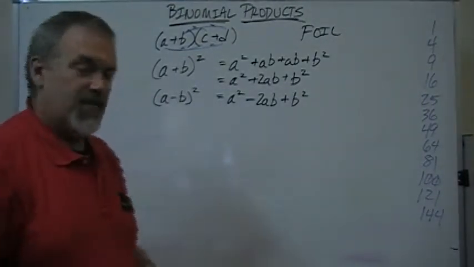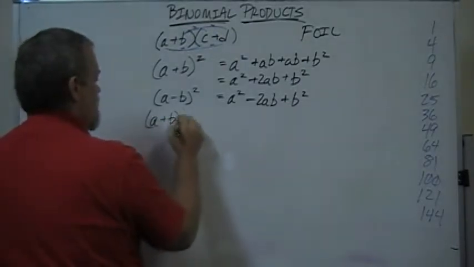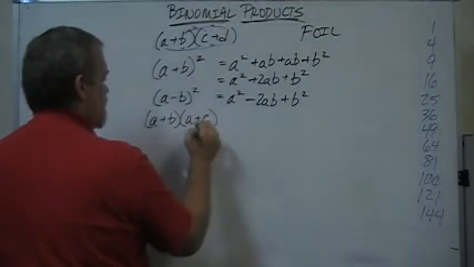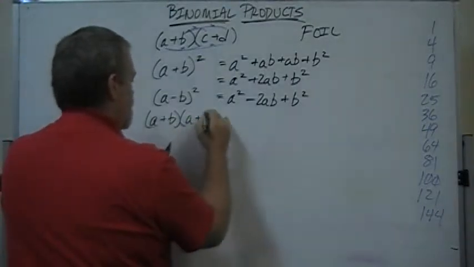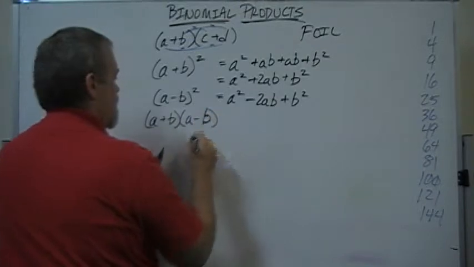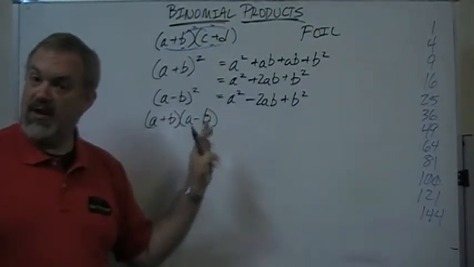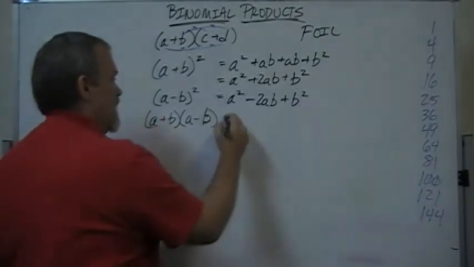I also have one that looks like this, a plus b times a, excuse me, a minus b. A minus b. And the way this works, if I apply FOIL to it, it'll still work the same way.